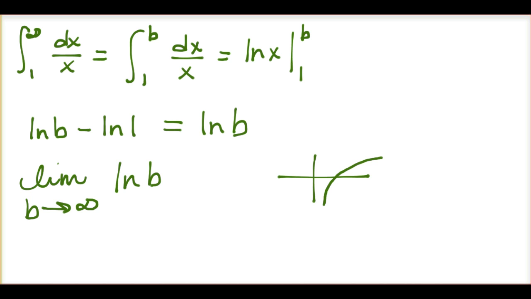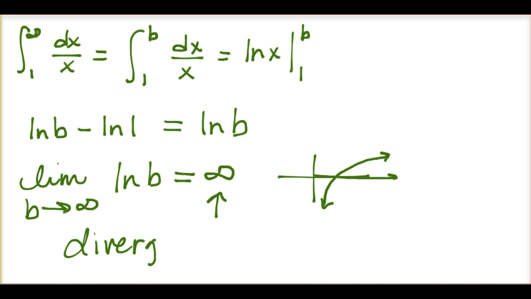And that kind of looks like this. So as we see, as we get larger in the x direction, the graph just continues to get larger also. So this is going to end up being infinity. In other words, this integral diverges. It does not have an answer, so we'll say it's a divergent integral.